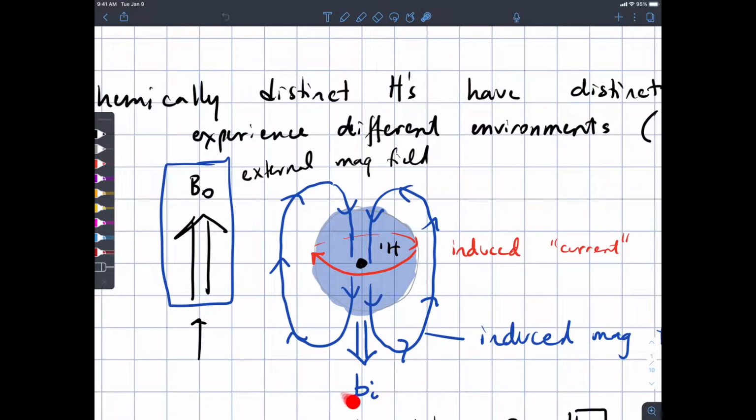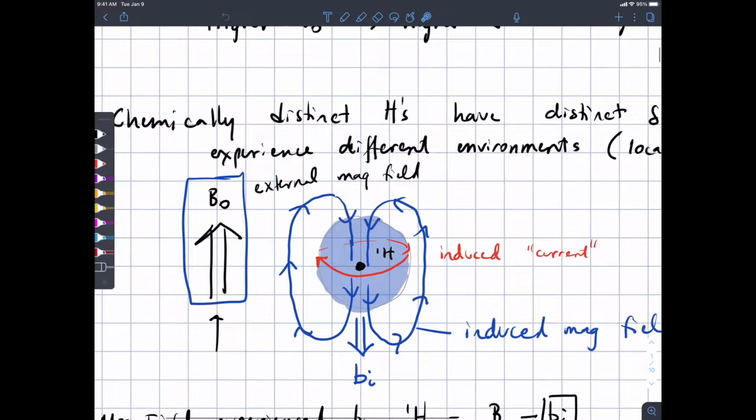So this little lowercase b sub i means the induced magnetic field that the electrons create in the presence of this external magnetic field. If we ask what kind of magnetic field this proton experiences, it experiences the external magnetic field and then subtracts the induced magnetic field.